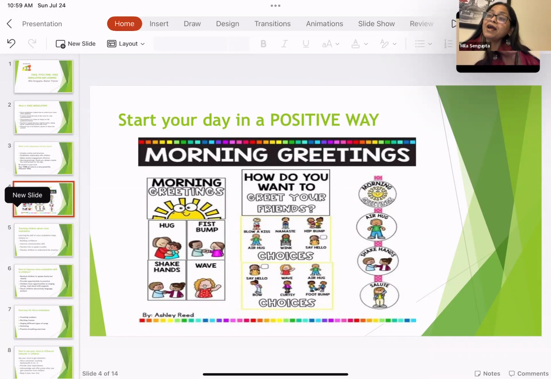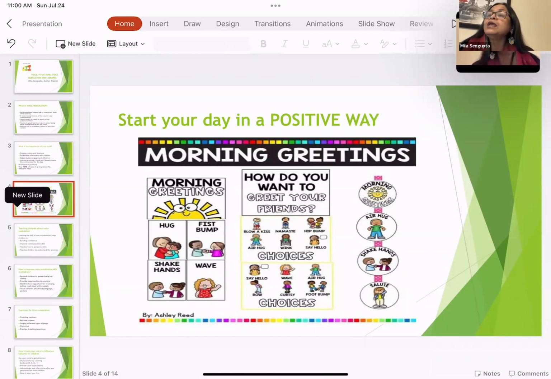We can air hug, giving a make-believe air hug, which is very effective during COVID, because we have to follow certain rules. Say hello, or wink, or wave, or bow, or curtsy, or a foot bump.